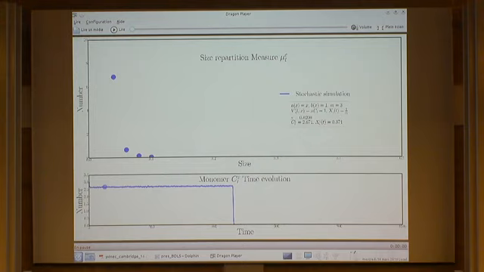So if nothing happens, I still have my monomers. They start at 3, okay? They are roughly 3 for a long time. But if at some point an event occurs, some small oligomers in the stochastic simulation are forming.